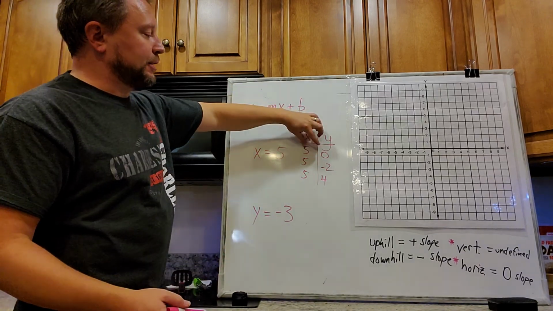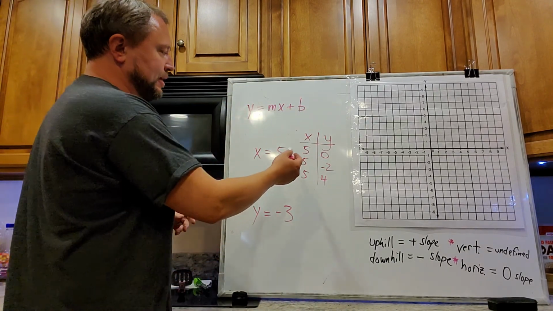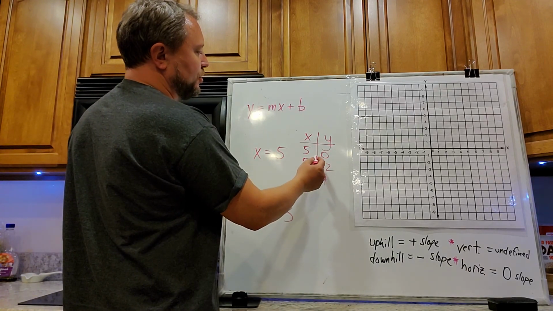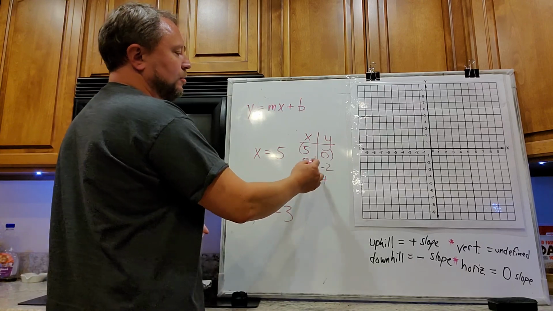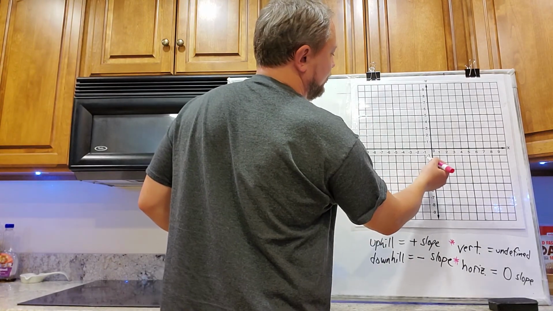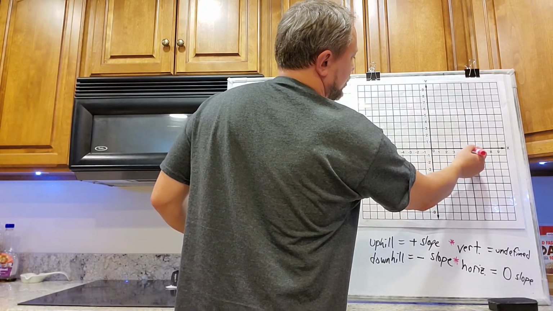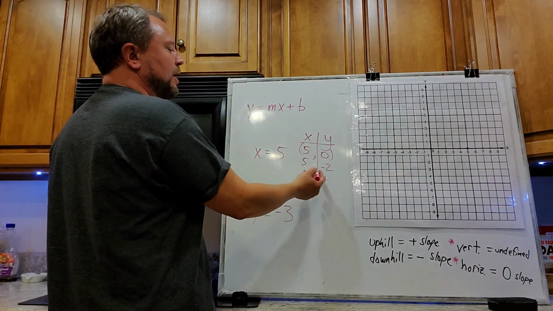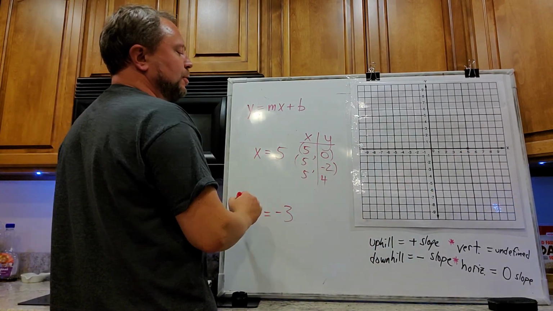But now if you plot these points, look at these as coordinates, your x and y coordinate. So the first point would be 5, 0. So if you plot that point, 5, 0 would be right there. 5, -2 is my next point.